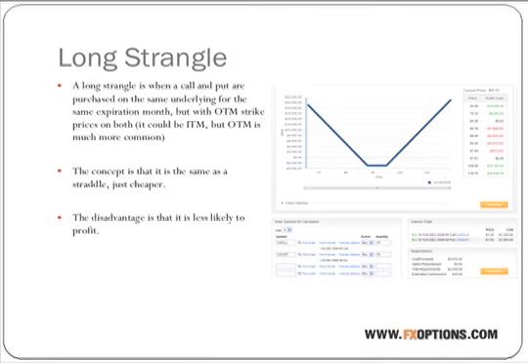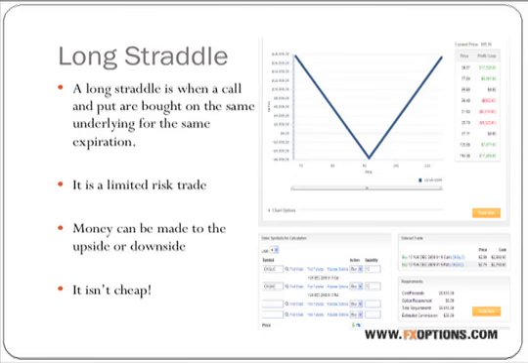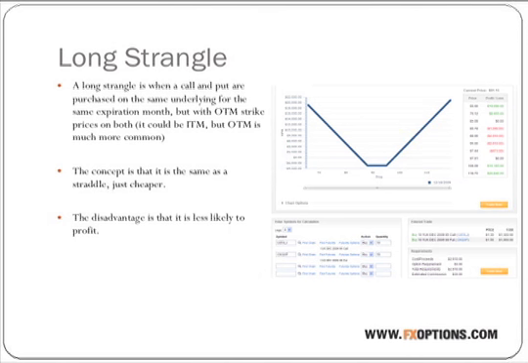So why would you consider doing a straddle over a strangle? Or why would you consider doing a strangle over a straddle? The advantage of the strangle is that it's going to be less overall risk. So if the market stays the exact same, you're going to lose less money on the long strangle. However, the disadvantage is that it's less likely to profit.